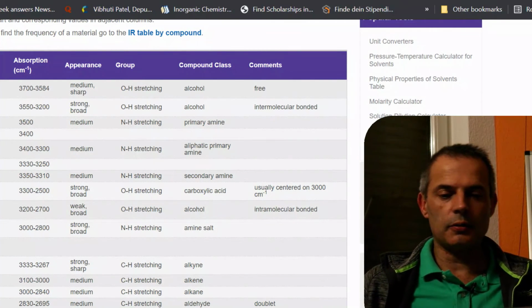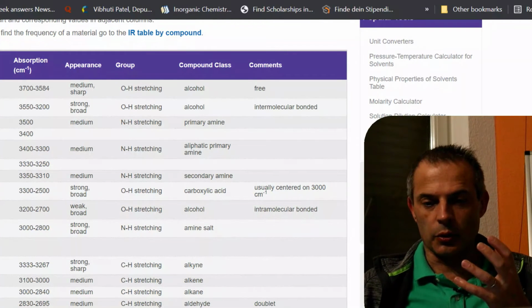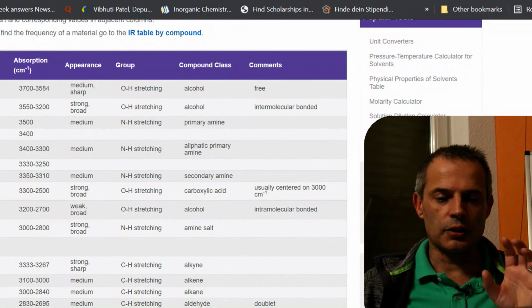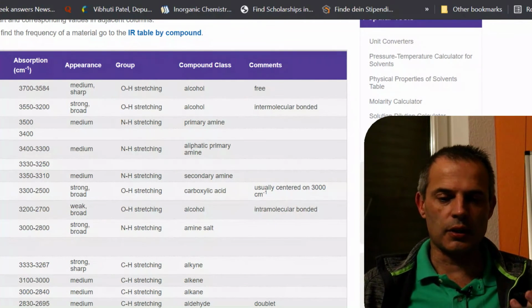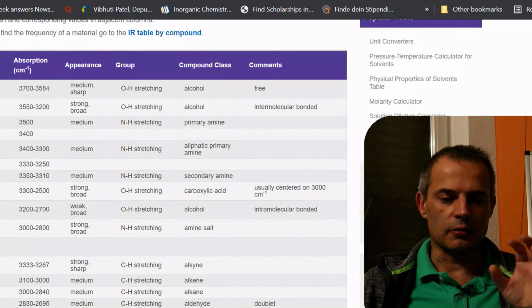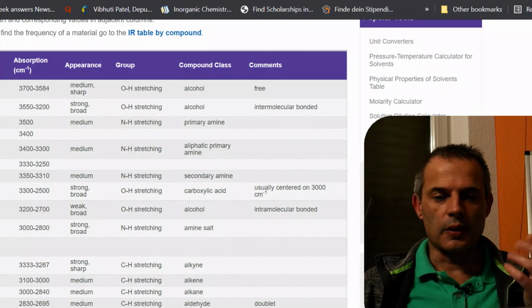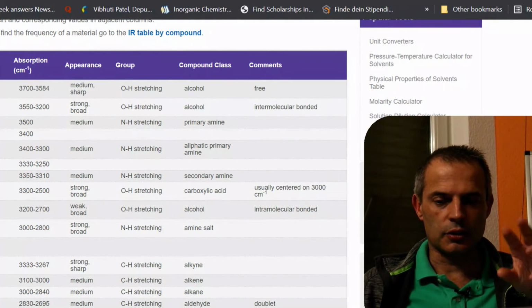These are shifted slightly depending on what they are, and the ones that we almost always see are the CH stretches on CH2s and CH3s, which are at around 2,900 to 3,000. There are 4 of those. That's because there are different stretching modes.